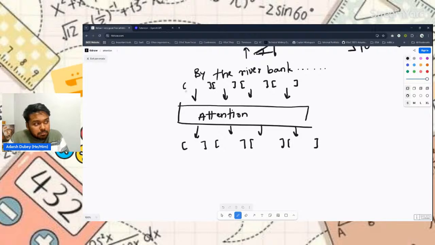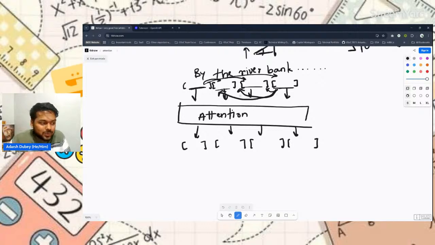It will mutate or modify the original embeddings with the help of the embeddings neighboring those embeddings. So I'll talk about the bank embedding, right? This bank embedding also has 3 neighboring embeddings.